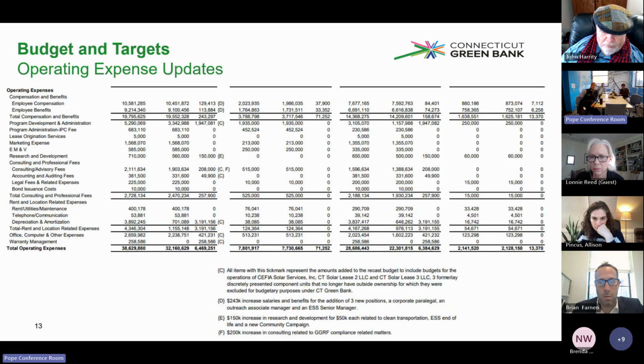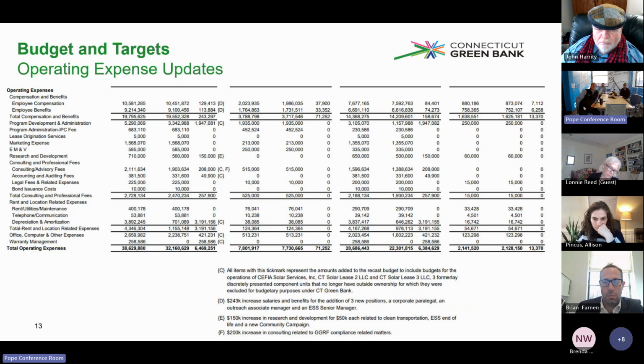I'd like to highlight adjustments D, which is a total of $243,000 for 3 new positions, which includes a corporate paralegal, an outreach associate manager, and an ESS senior manager. This is increased volume.